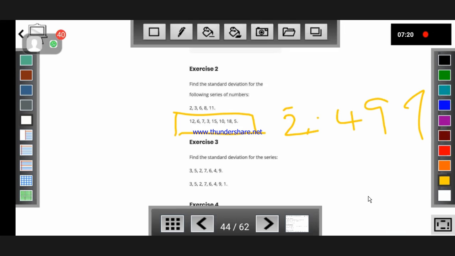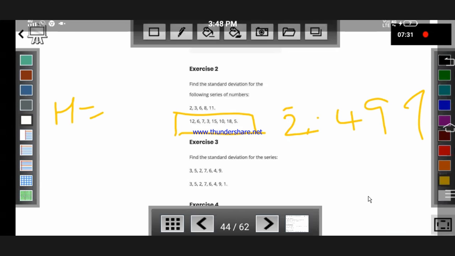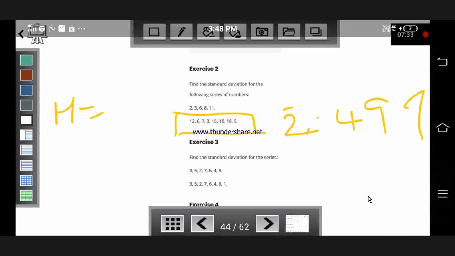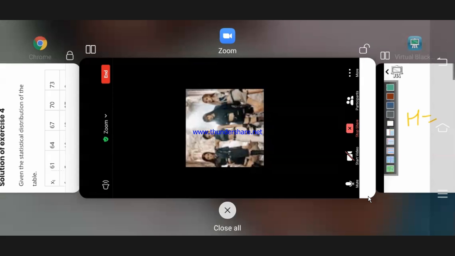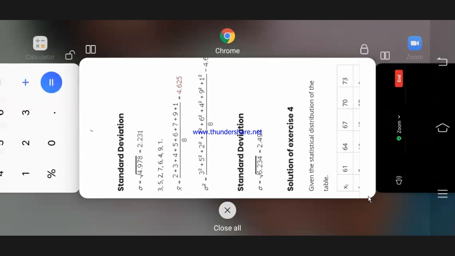What is your mean value? For the starting mean value. Ma'am, the mean value is 9.5.